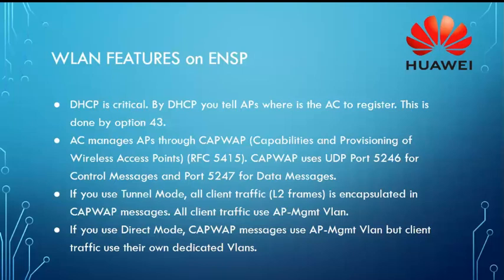So there should be some device like a router, like a switch, or the access controller itself that has to provide DHCP services. And option 43 is used for signaling a wireless LAN controller or access controller to the access point. So the access points are going to discover the DHCP server, and they're going to learn option 43 and what is the IP address of the access controller they have to register on. So the DHCP service is very critical when you deploy a wireless topology.